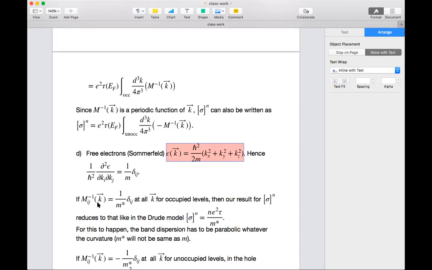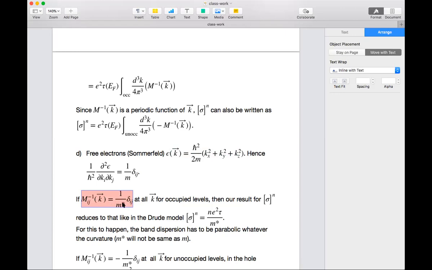So if I have a real system, a real metal, let's say, in which M inverse has this form, where M inverse is diagonal, and it has the same diagonal element everywhere, and is independent of k.